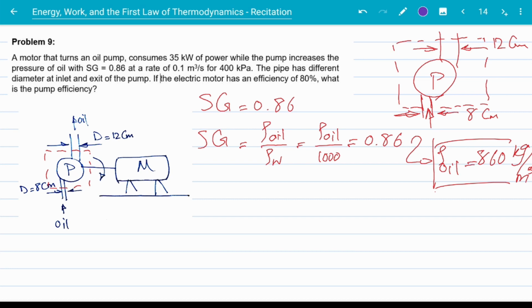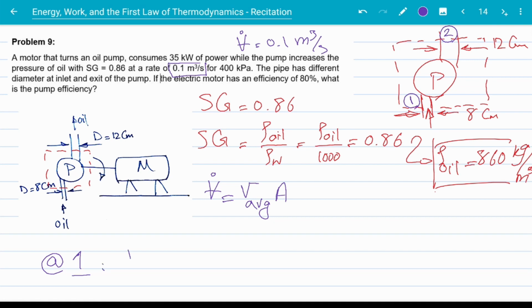Let's call the entrance section 1, and let's call the exit section 2. Now, at the entrance, volumetric flow rate is average velocity times the cross-section area of the pipe, right? The volumetric flow rate is given. It is 0.1 meters cubed per second.